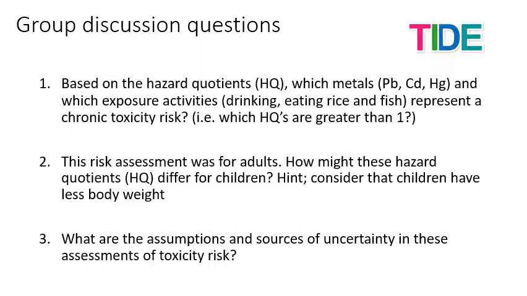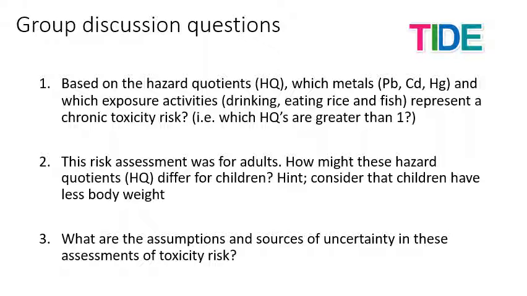So question 2 is to discuss how the variables in these hazard quotients and the hazard quotients you calculate would differ if you did this for children. And so as I hint in this question, children have a less body weight, and so this variable would be set to a lower value for children, and in turn this would increase the hazard quotient and the toxicity risk that would be calculated.